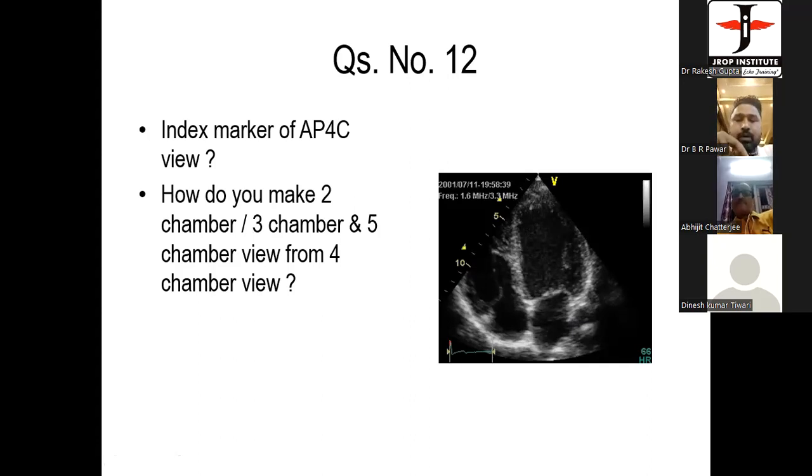Sir, we use the modified Simpson method, the disc method, from wall to wall, right to left. You trace out the endocardium, right? Yes, sir. And valve to valve, do you join it by a straight line or a curved line? By straight line.